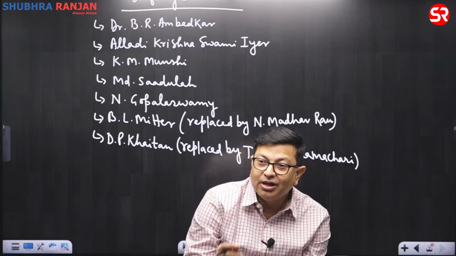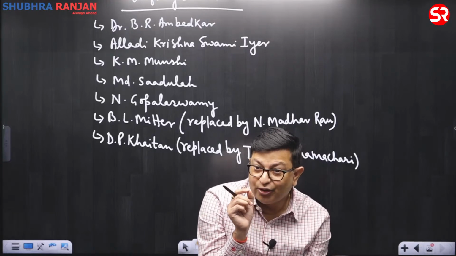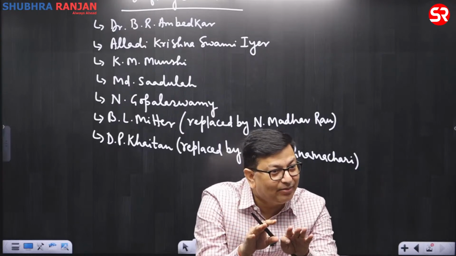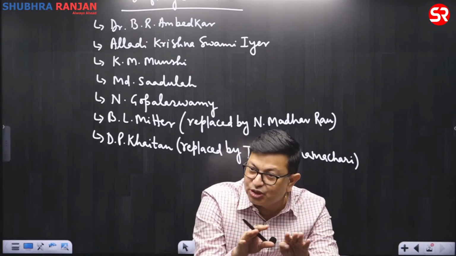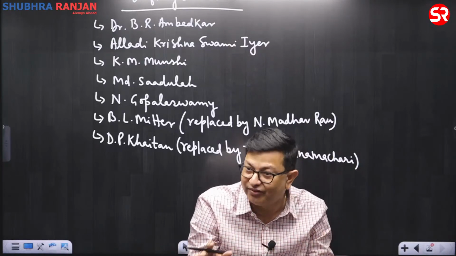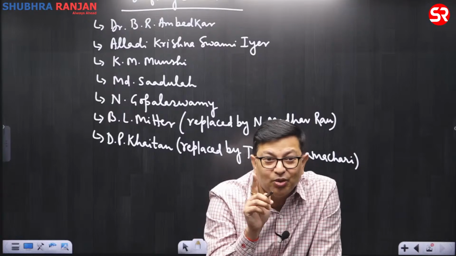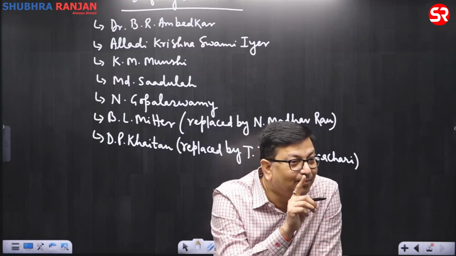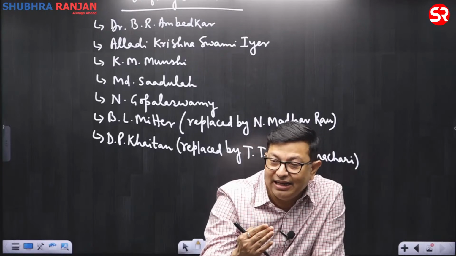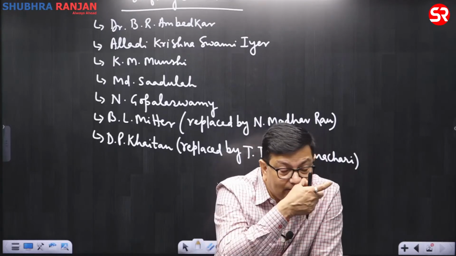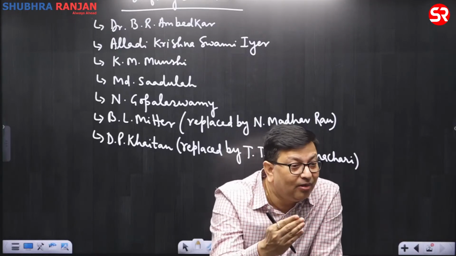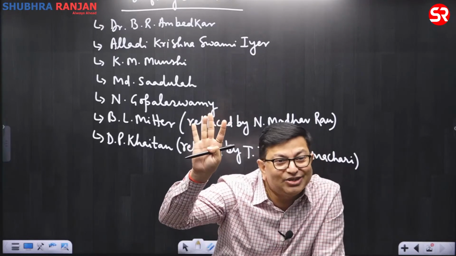So you see, from 26 January 1950, this Constituent Assembly had ceased to exist. It was dissolved. But the Constituent Assembly continued as the Parliament of India. Even if we make a law, we will make it in accordance with this Constitution.